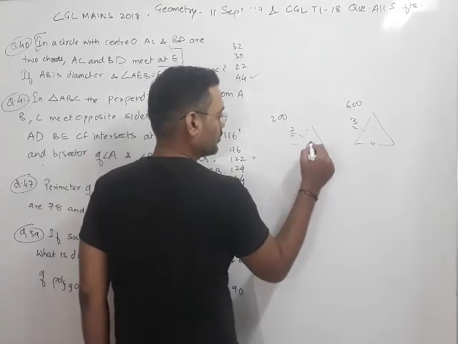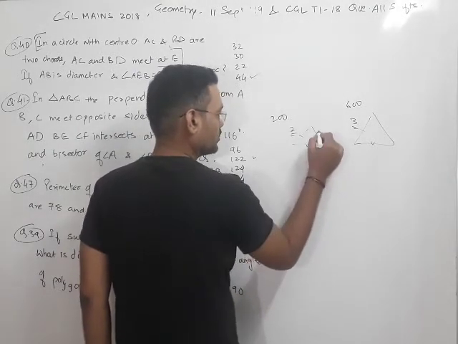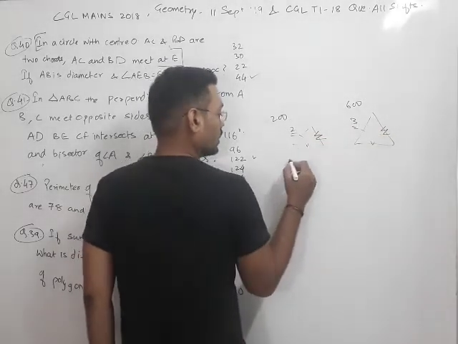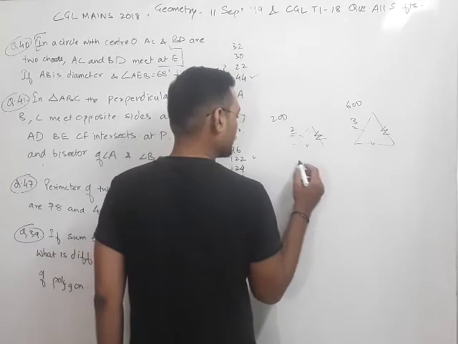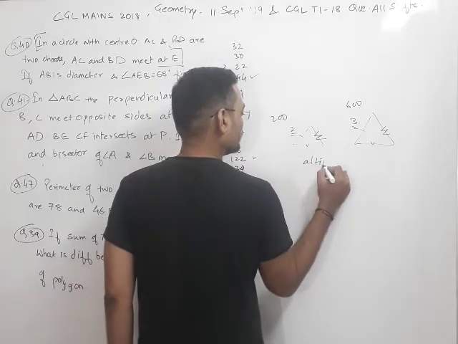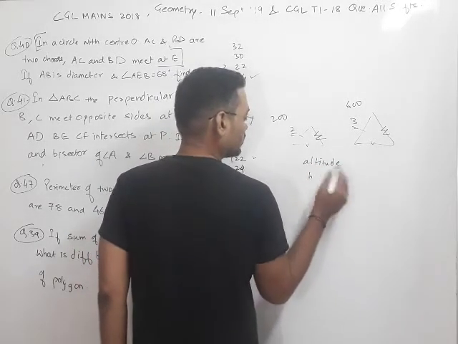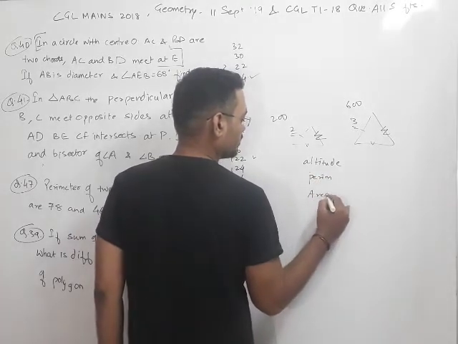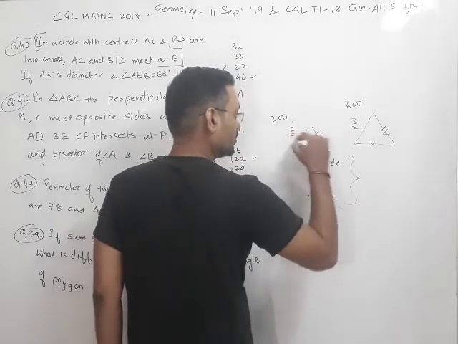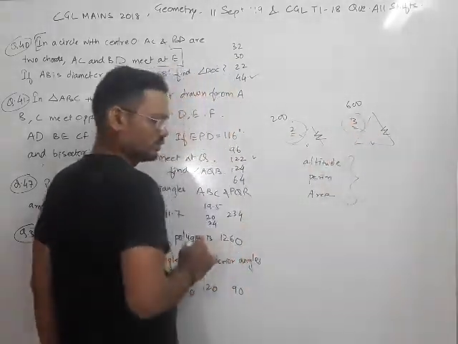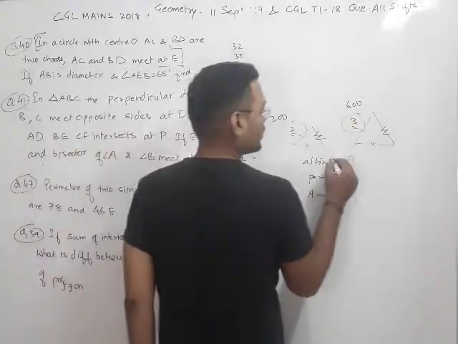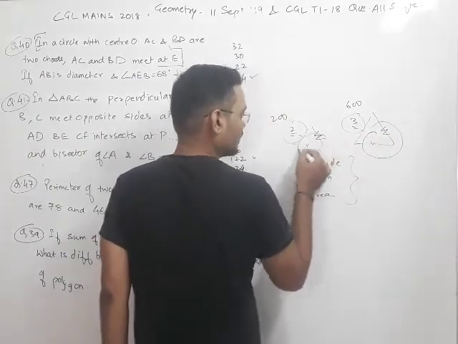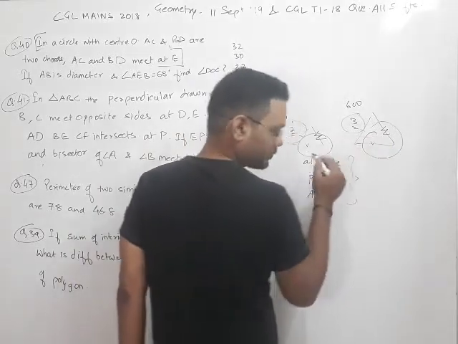Similarly, if I have to add all these sides, then whenever triangles are similar, the altitude, height, perimeter, area, all are in proportion, not the exact proportion, but whatever is the value of this, some multiple will be the value of this.